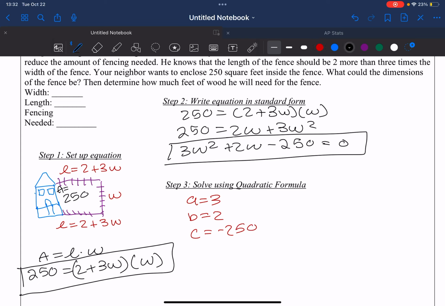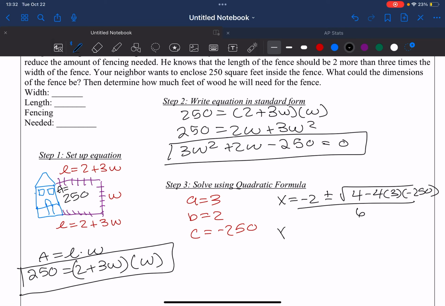And then I'm going to plug it into my equation. So x is equal to negative 2 plus or minus the square root of 4 minus 4 times 3 times negative 250, all over 6. Reducing what's on the inside, I have 4 times 3 times 250, which is 3,000.